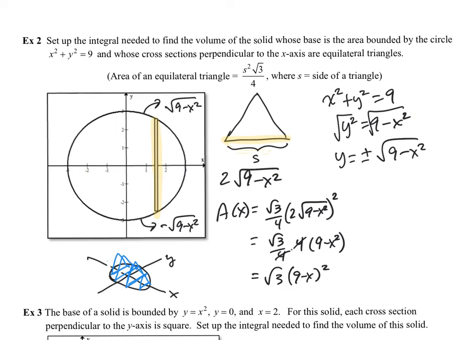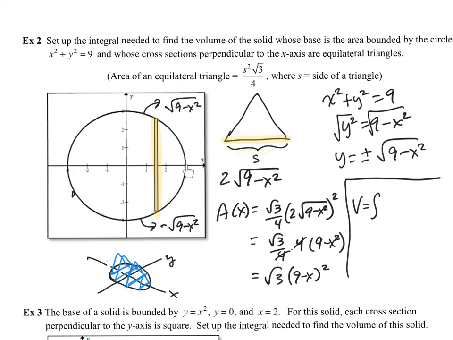All right, so kind of running out of room here, so let me make us a little bit of space. To find the volume of the solid whose base is a circle and whose cross sections are equilateral triangles, that volume would be the integral from a to b. Now, what do you think our bounds are? Our left bound looks like it's going to be -3. The right bound would be +3.